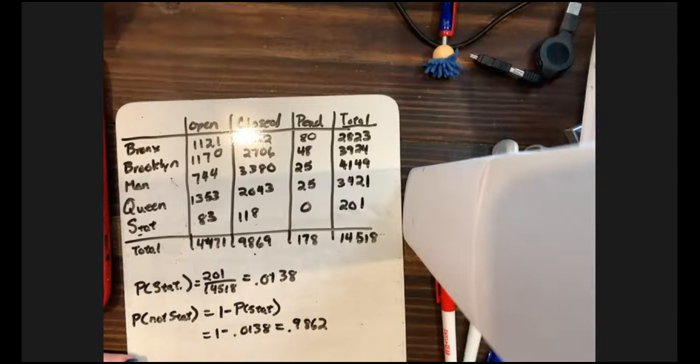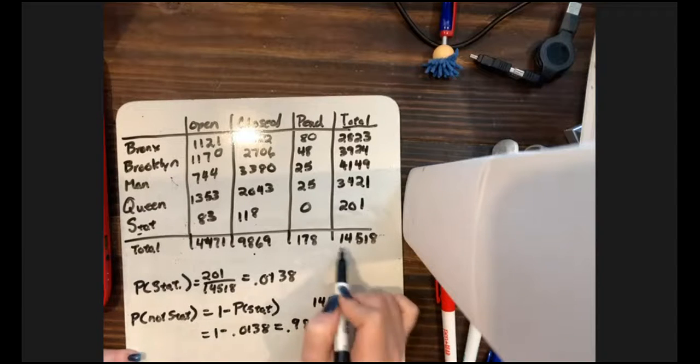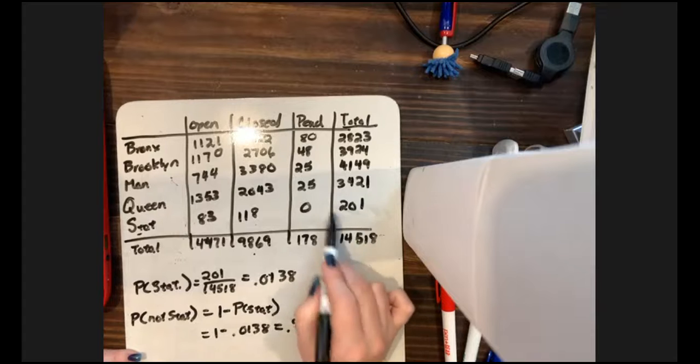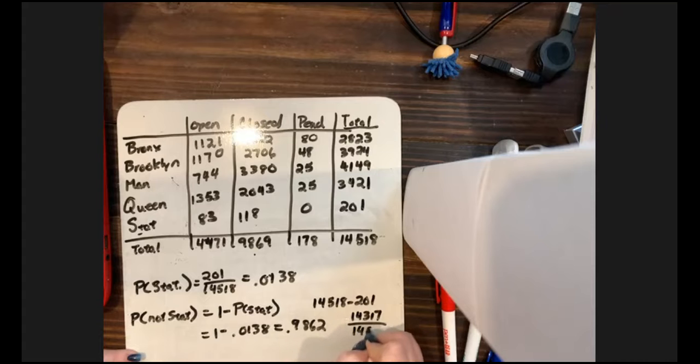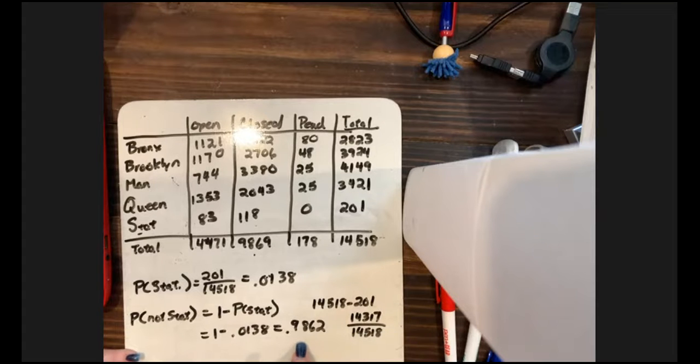Now, if you're running this with numbers, we could also do 14,518 minus the 201. We take the total and subtract our Staten Island ones. That would give us 14,317 out of 14,518, which again is going to give us this 0.9862 that we have for that one.